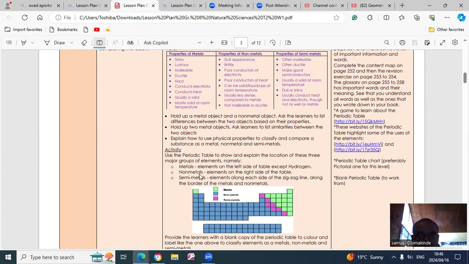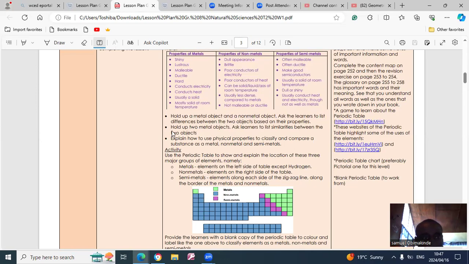So I've shown you the periodic table, right? I'll show you the periodic table. Now, use the periodic table to show and explain the location of these three major groups of elements. So the first one here is metals, elements on the left side of the table, except hydrogen.